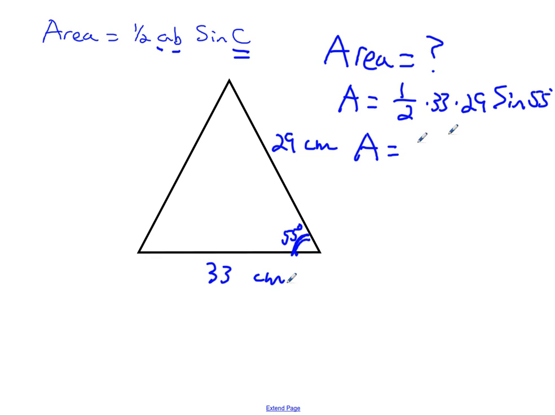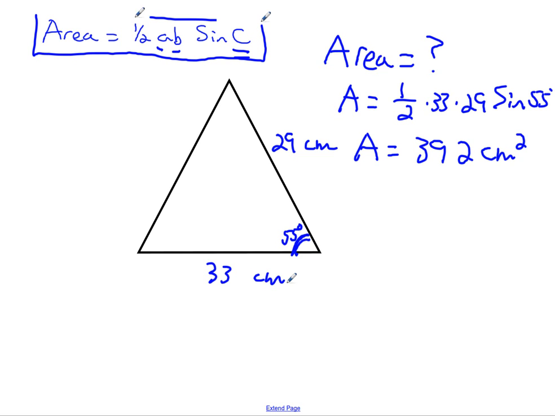Alright, and it's as simple as using a calculator. 0.5 times 33 times 29 times the sine of 55, and you should get an answer of 392 square centimeters. And so real quick, make sure you have this area formula in your notes. And that's how we use trigonometry to find area of any triangle.